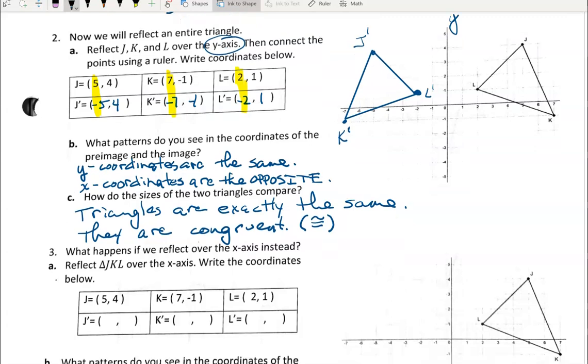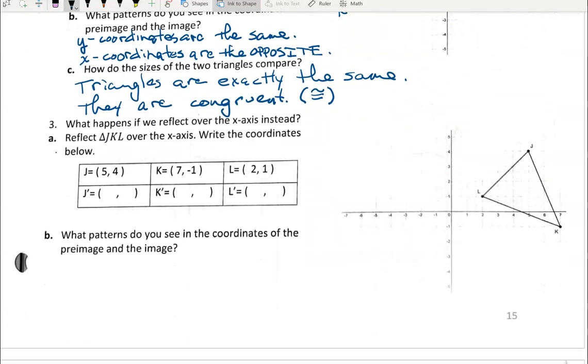Okay, moving on. So we're going to reflect over the x-axis. So now we're reflecting over this axis. And so now, however far it is away from the x-axis, we have to move it that far on the other side of the axis. So J and L are above the x-axis, so now they're going to be below, and K is below, so it's going to end up being above.